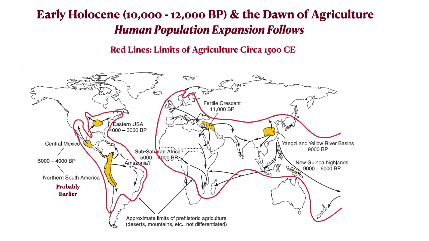In other words, not influenced by other peoples who had agriculture, but people coming up with farming, domesticating crops all on their own. And you can see there's different timing. The earliest is the so-called Fertile Crescent in the Near East, about 11,000 years before present.